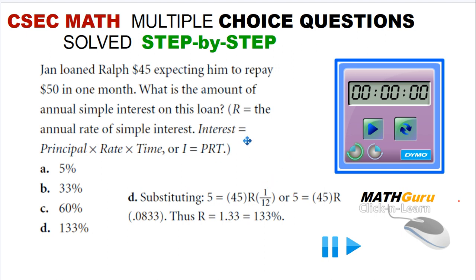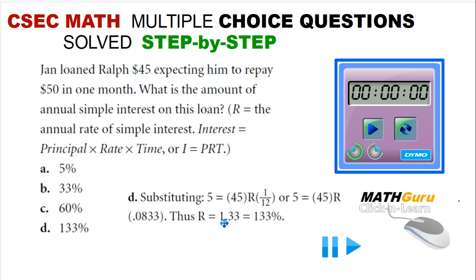So the interest is equal to 5, and the principal is 45, multiplied by R, the rate, which works out to be 0.833.